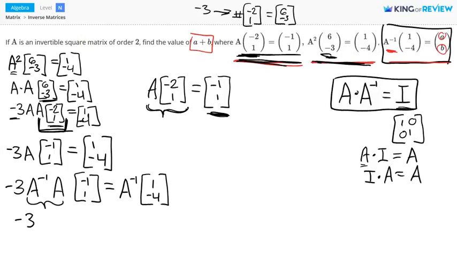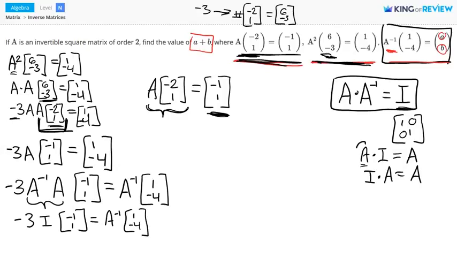So we have negative 3 times the identity matrix times this matrix, negative 1, 1, equals A inverse times the matrix with 1 and negative 4.